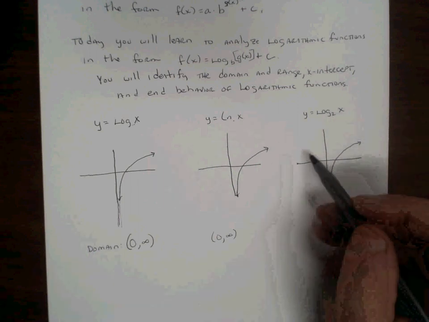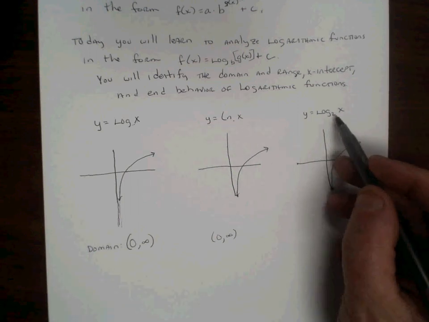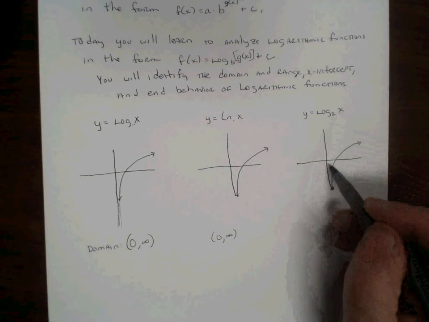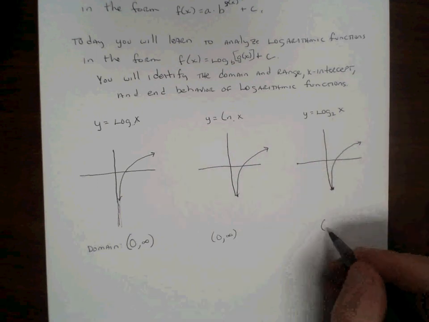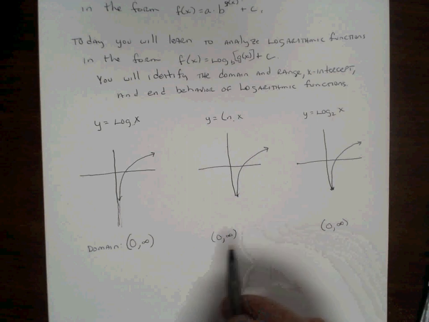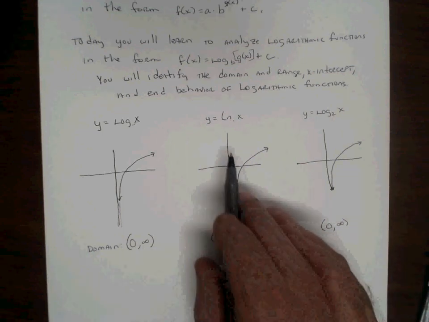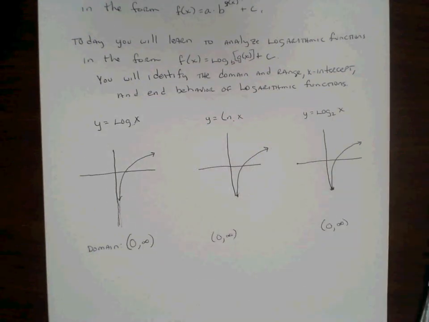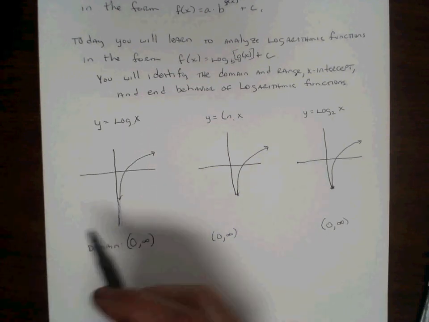Same goes for here. Base 2 can't be raised to a power to get 0 or a negative number, so its domain is also 0 to infinity, and none of these include 0. So domain for all of these simple logarithmic functions is 0 to infinity, not including 0.